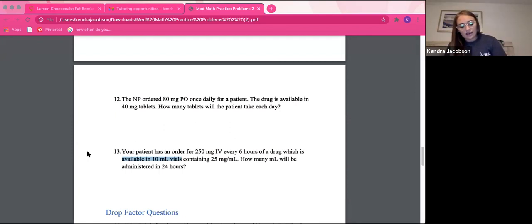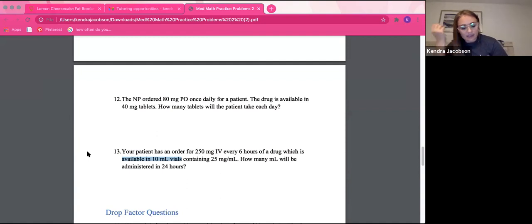But as we look at the end, you're going to want to put the milliliters over 24 hours, or I like to put 1 day. So milliliters over day. And of course, like I said, I always want to start off with what I have, which is going to be that 1 milliliter over 25 milligrams.